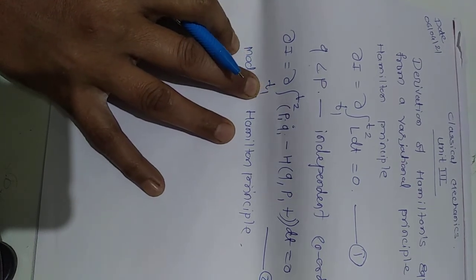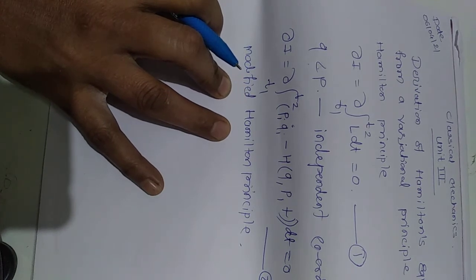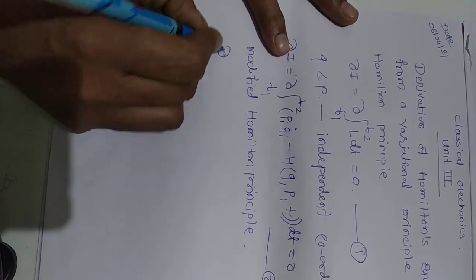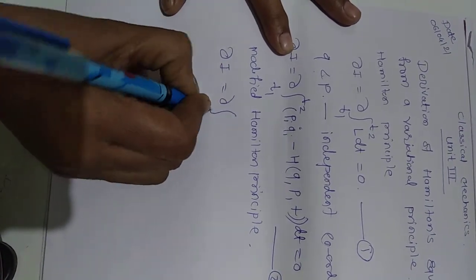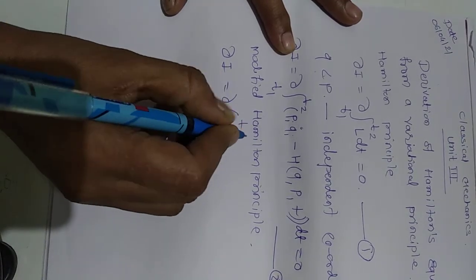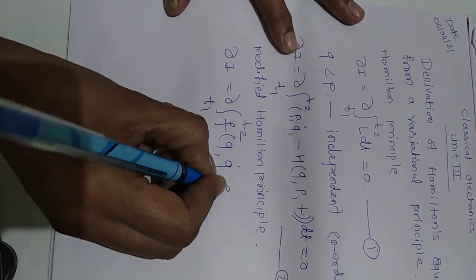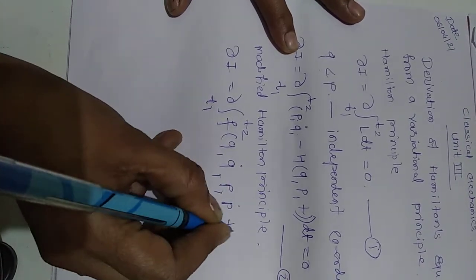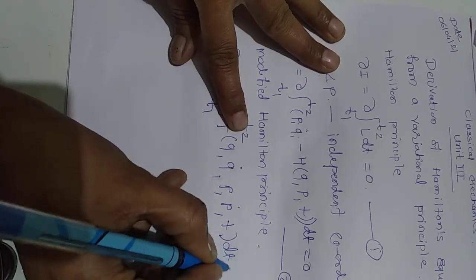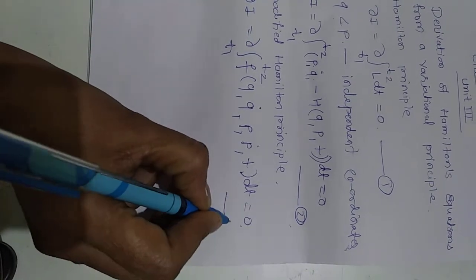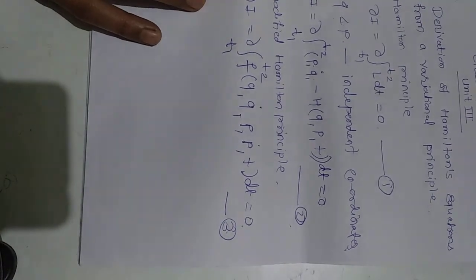The modified principle is exactly of the form of a variational problem in the space of 2n dimensions. Consider delta I is equal to delta of integration t1 to t2 f of q, p, q dot, p dot, t dt is equal to 0, and this is equation 3.